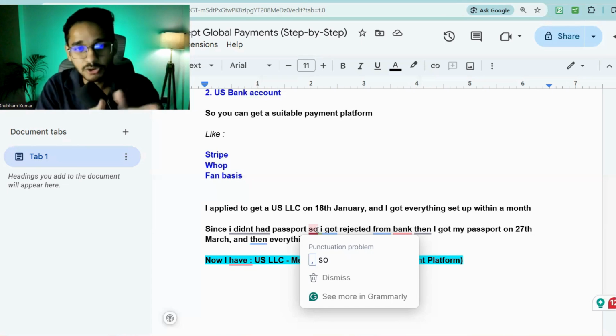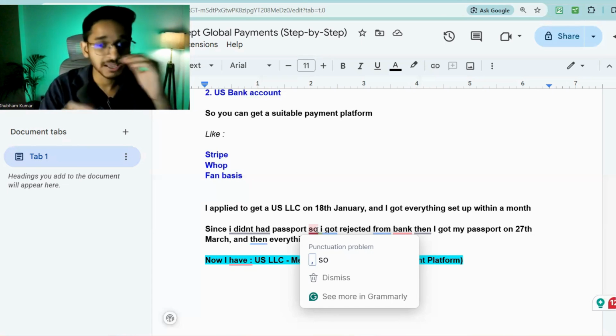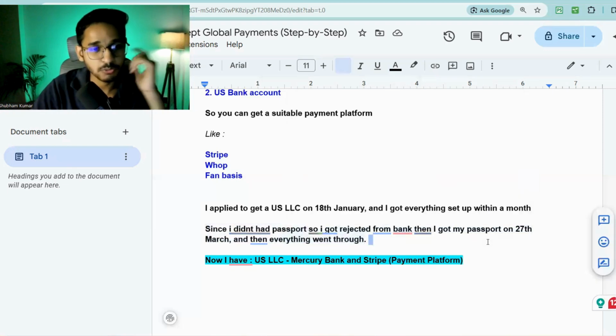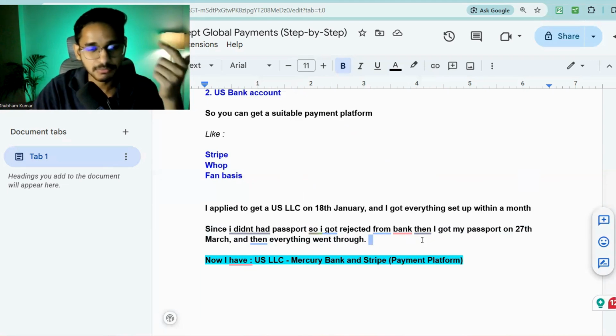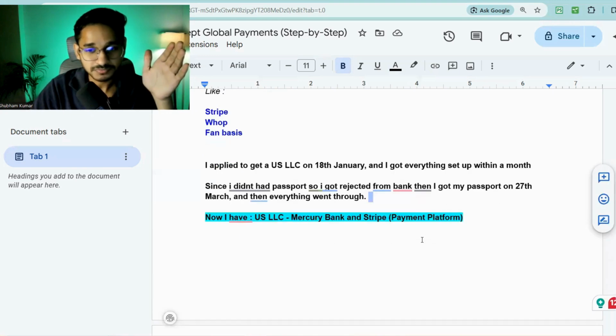So then I applied to get a passport in February, and on 27th of March I got my passport. Once I got my passport, everything went through properly, and finally I have my US LLC set up. I got my bank approved properly in Mercury Bank, okay? And then finally I got a Stripe account, which is a payment platform, right? So everything went through properly.